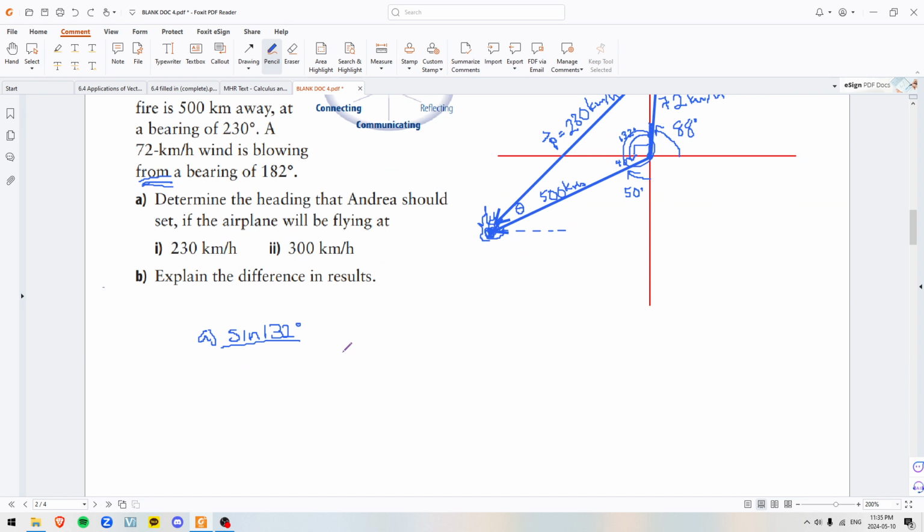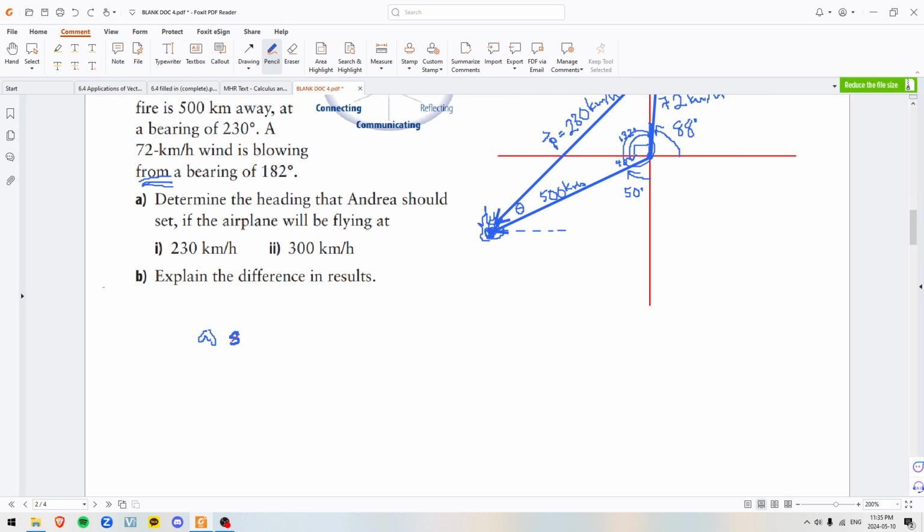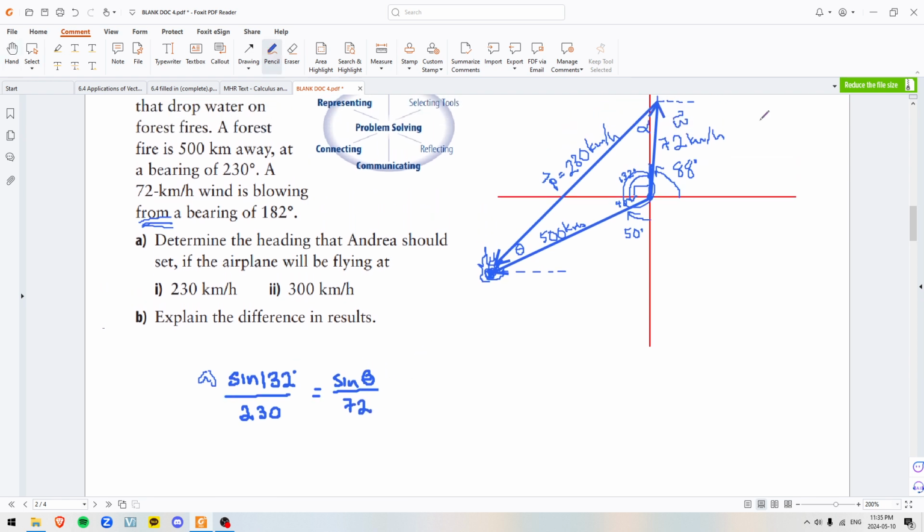Sine of 132 degrees is paired up with the side 230 kilometers an hour. It's getting a little fuzzy, so let me rewrite that more clearly. Sine of 132 degrees over 230 is the same ratio as sine of theta over 72 kilometers per hour, which is equal to sine of alpha over the resultant speed.